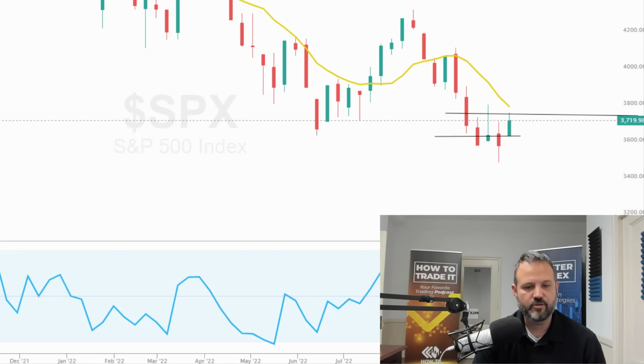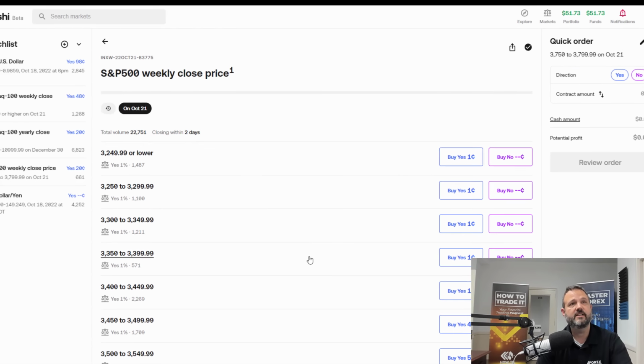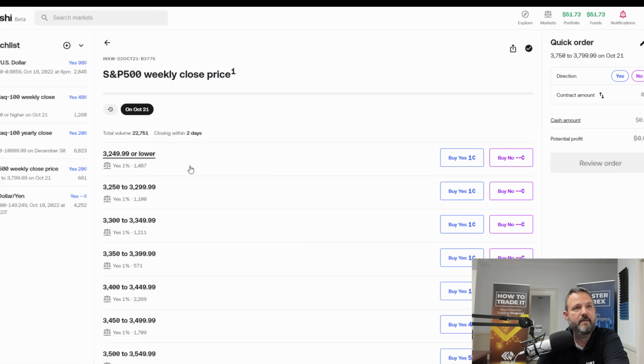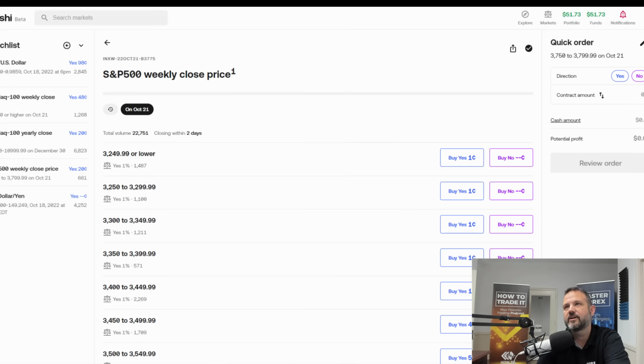So now we're going to go back to our Kalshi page, and we're going to look at the prices. So if we remember what the high was and the low, we're going to try to see if we can land right in between where it's at. Our strategy is that we're going to say that it's going to land in between those two prices. So let's take a look at the chart one more time here. So we've got it in between 3762 and 3645. That's the two areas that we're going to be looking at.